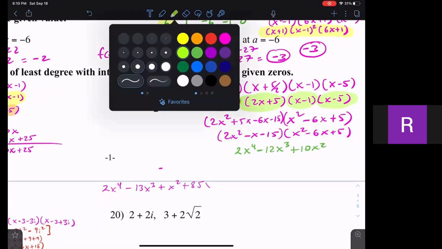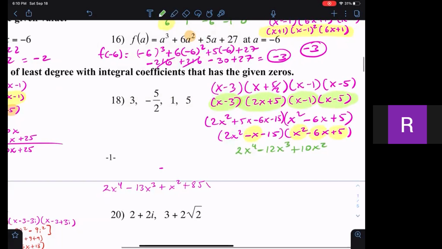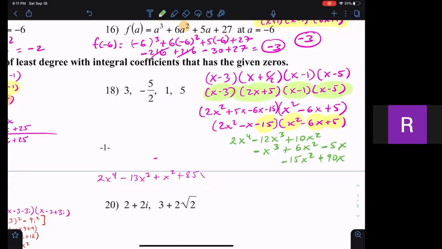Now let's do the other one. So this is going to be negative x cubed plus 6x squared minus 5x. Next, and we have negative 15x squared, positive 90x, and then we have a negative 75 hanging out in here.